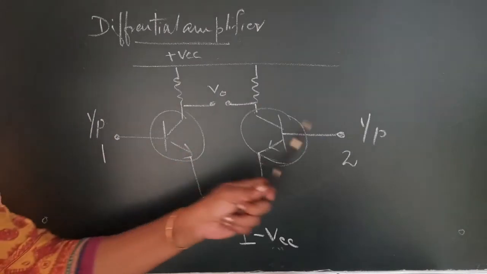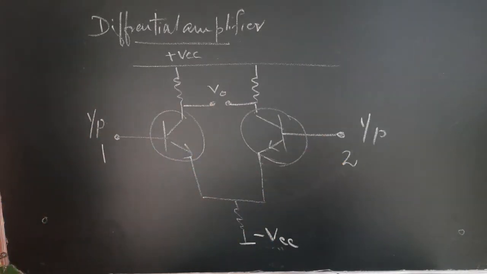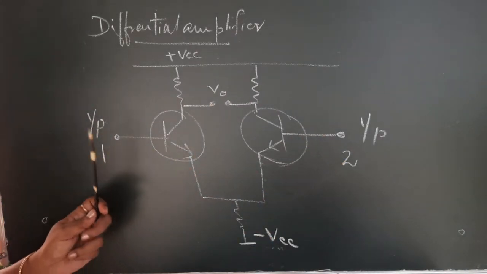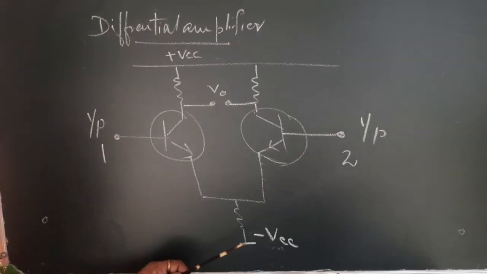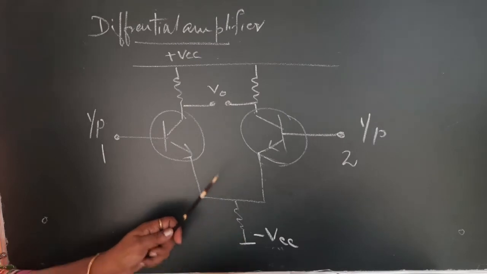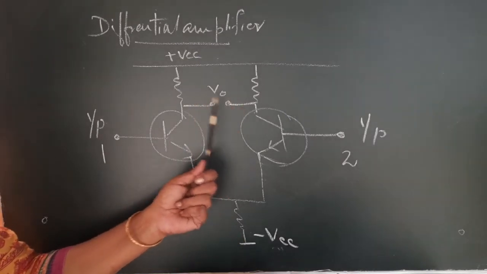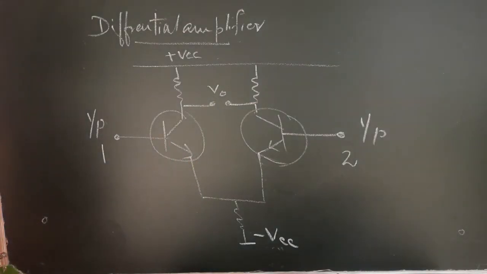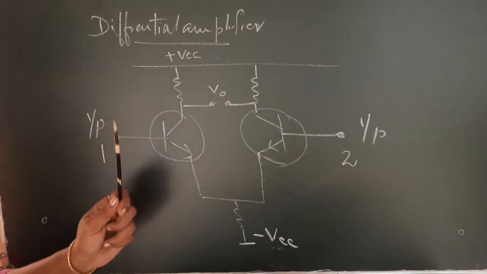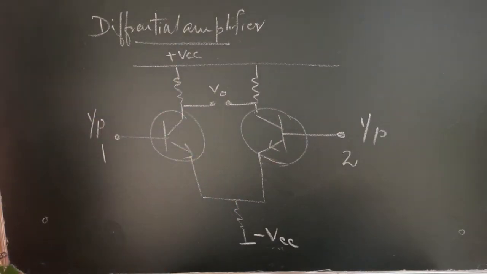So, the difference between the two input terminals will be taken as the effective input for this amplifier unit. And if you are taking differential output, the difference between the two collector potentials will come out as the effective output. So, this is the differential mode.